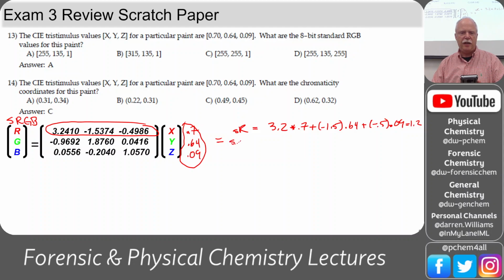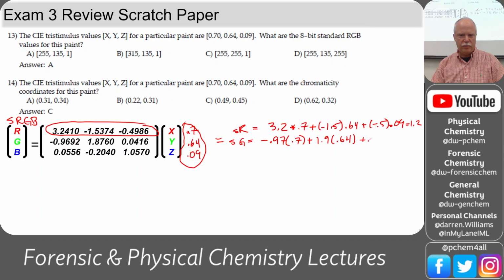Then the sG is equal to a minus 0.97 times 0.7, plus a 1.9 times 0.64. You see how the second row times that column, added together, gives you the second row number, okay?